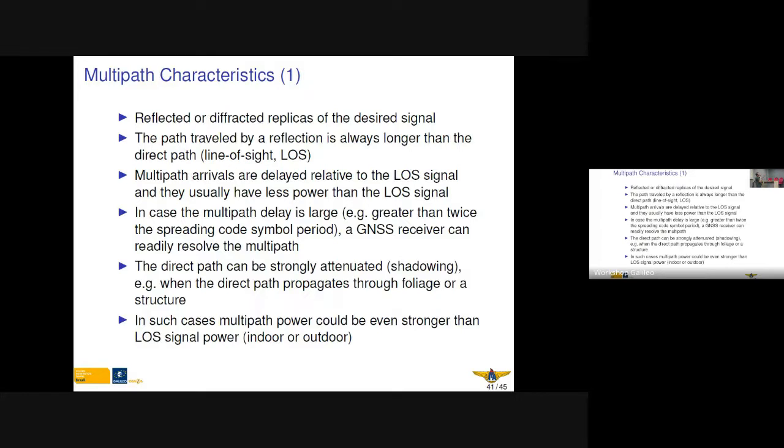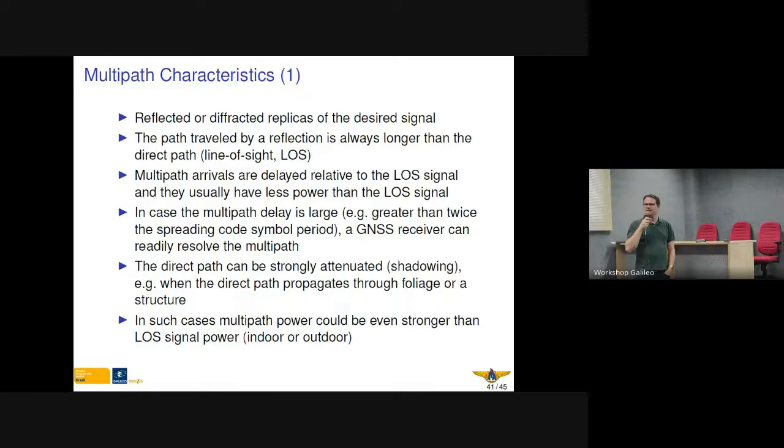If the multipath delay is larger than 2 spreading symbols, it still can affect the data demodulation. So for the data demodulation channel, we have to take into account these longer multipath signals, but for the ranging, we have usually not a problem.